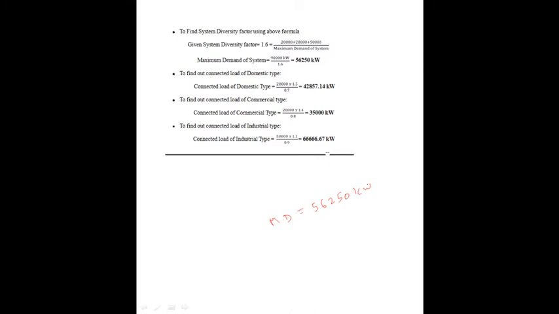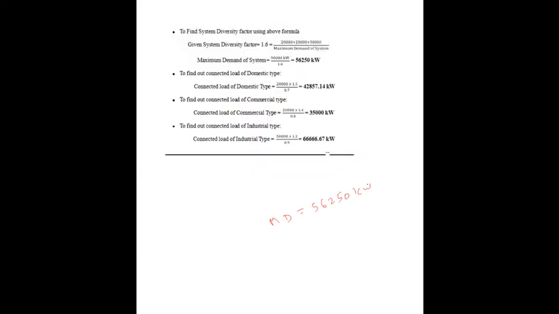Okay, and the connected load of the domestic demand is given by, as you can see in the previous slide, maximum demand into diversity factor divided by demand factor. Maximum demand, diversity factor divided by demand factor.